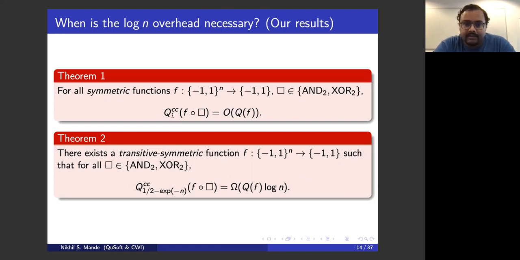So in this setting here, you need the error probability to be at most 1/3. Here it's arbitrarily close to half, basically. So even in this model, there exists a transitive symmetric function such that the quantum communication complexity of f composed with square requires this log n overhead over the bounded error quantum query complexity of f.